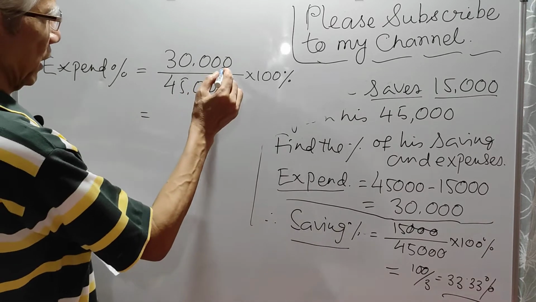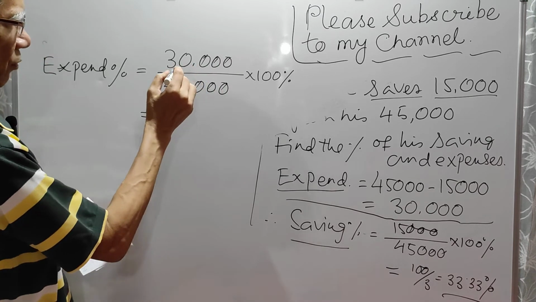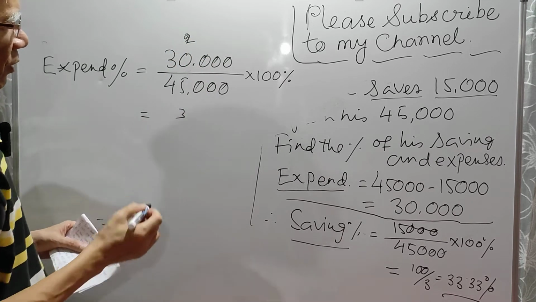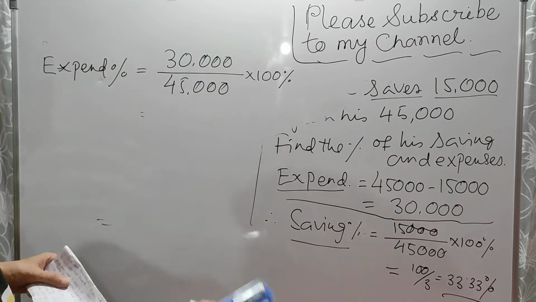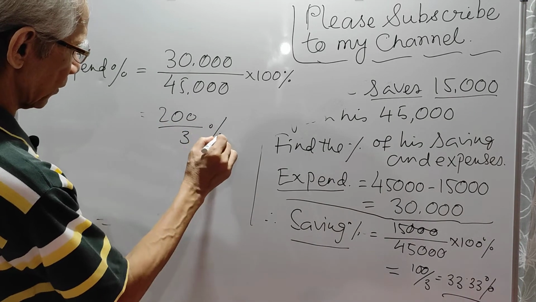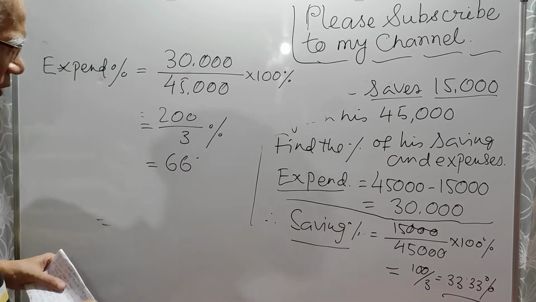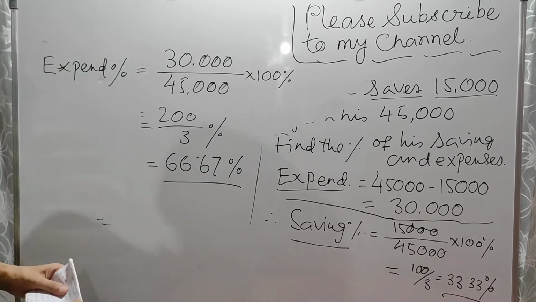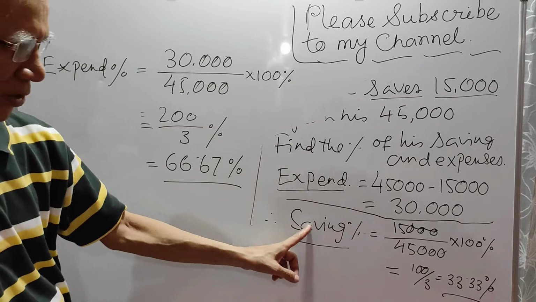Cancelling, we get 200 by 3%, which is 66.67%. So the percentage of expenditure is 66.67% and the percentage of saving is 33.33%.